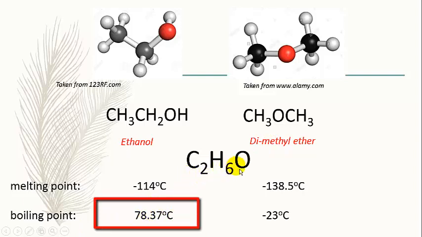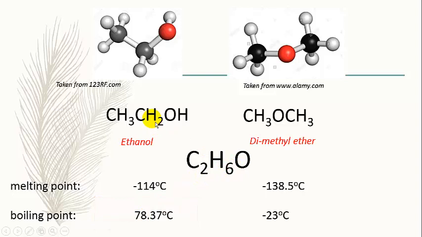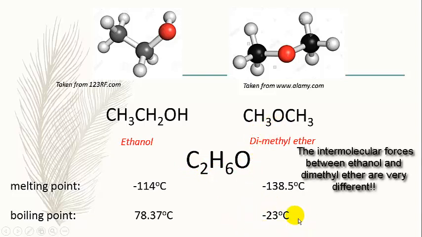C2H6O, the ethanol arrangement, has a boiling point of 78.37 degrees C, whereas the C2H6O arrangement in the form of CH3OCH3 has a boiling point of minus 23 degrees C. So you have stark contrasts in the way the atoms are arranged. Both molecules are C2H6O. The arrangement changes the boiling point significantly.